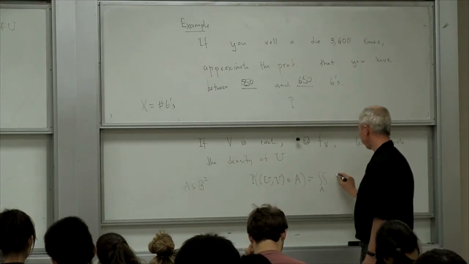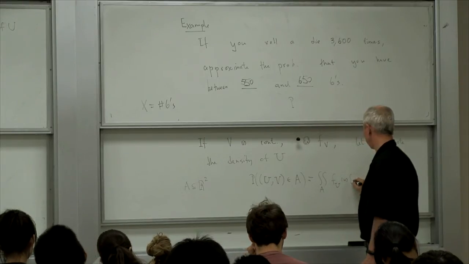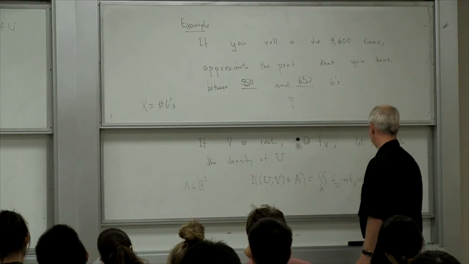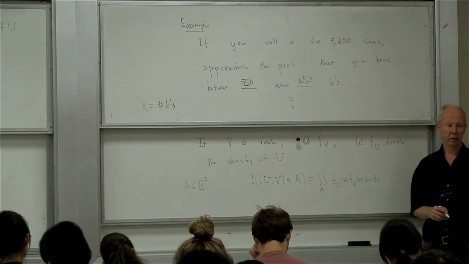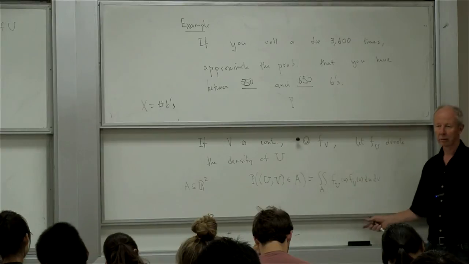Now they're independent. So their joint density is a product of their individual densities. Okay, that's what densities do for you.